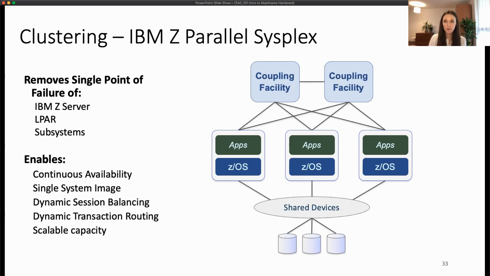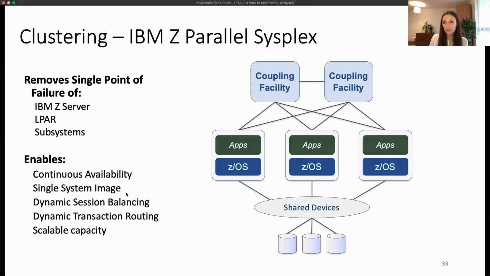So if you, for example, have 10 LPARs, it's okay to bring 2 LPARs down, update them, and then once the update is done, to bring them back up to the Sysplex. And during the time the 2 LPARs were down, the entire Sysplex was still able to function perfectly fine. And this capability allows us to switch out entire physical machines without the Sysplex going down and with having continuous availability.